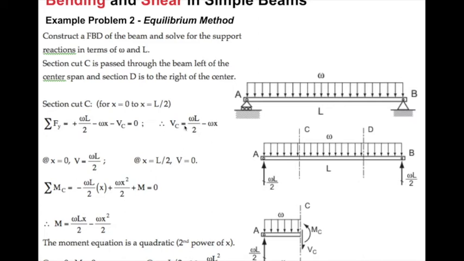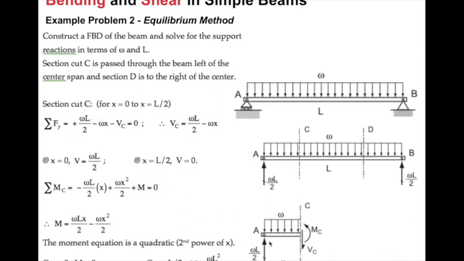Then we look at the section cut at C, and look at the left side. We assume MC is anti-clockwise, and VC is downwards. Then we list the sum of Fy equal to 0, and the sum of the moment about C is also 0.